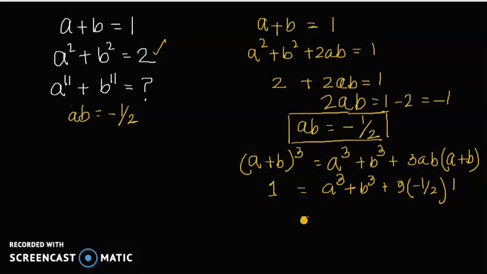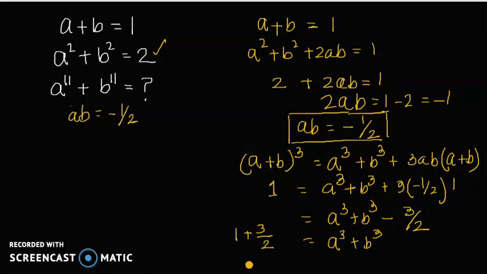So finally, if you solve this part, you will get minus 3 by 2. So a cube plus b cube, finally we get 1 plus 3 by 2, which is 2 times 1, 2 plus 3, 5 by 2. A cube plus b cube, we have got 5 by 2.